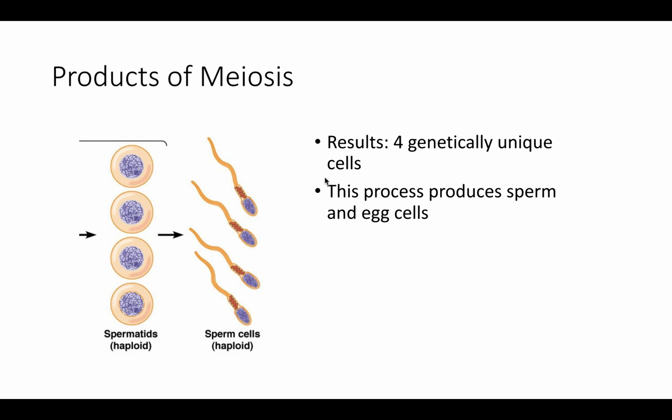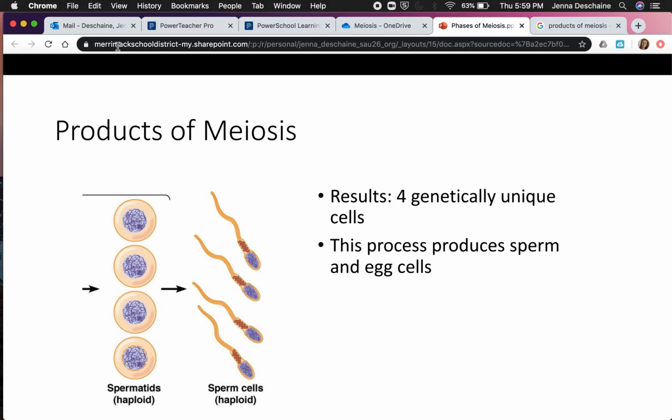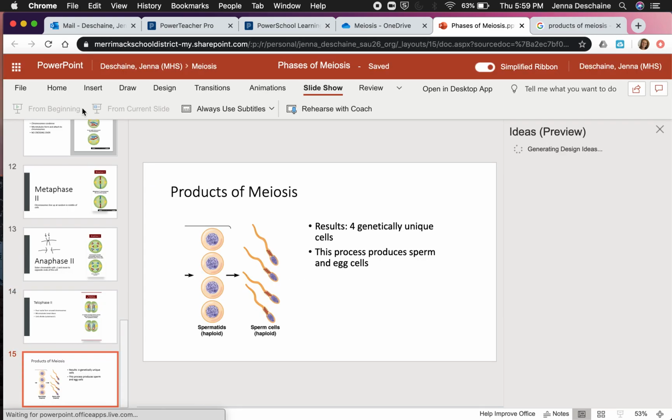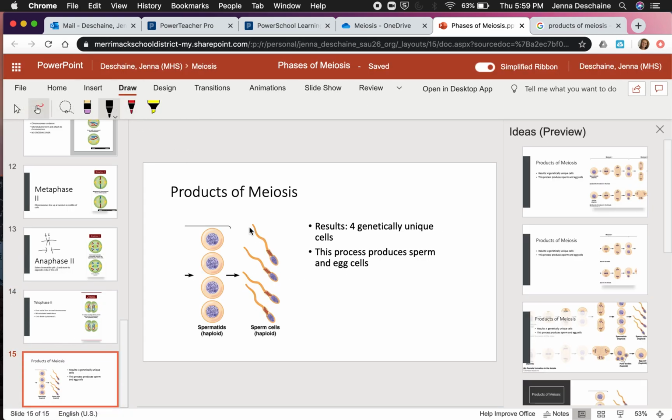So, this process produces sperm and egg cells, okay? So realistically, these 4 new cells that were created are sperm, okay? And these sperm cells only have 23 chromosomes, all right? Because eventually they will try to combine with an egg, all right?